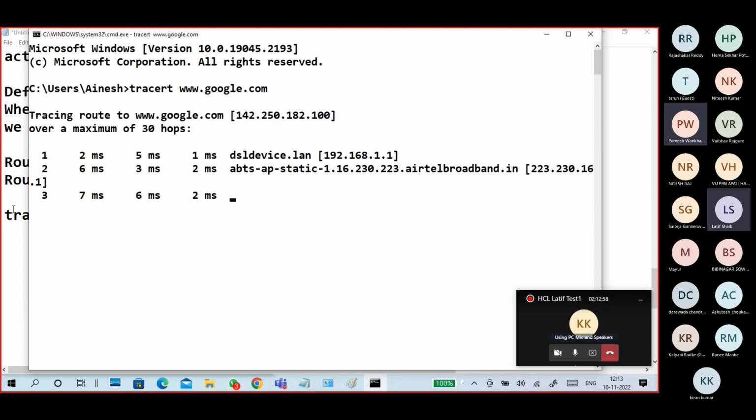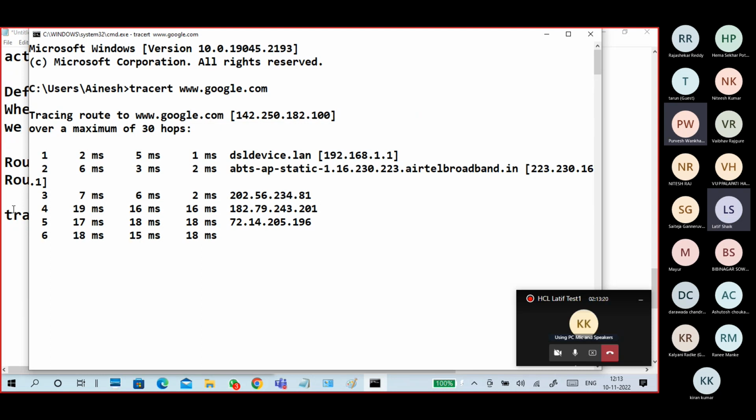Now it is Airtel. My network IP addresses are different now because today I'm in Hyderabad. So my packet is going through my broadband connecting my ISP to one or two routers, then routers, then routers, then routers.